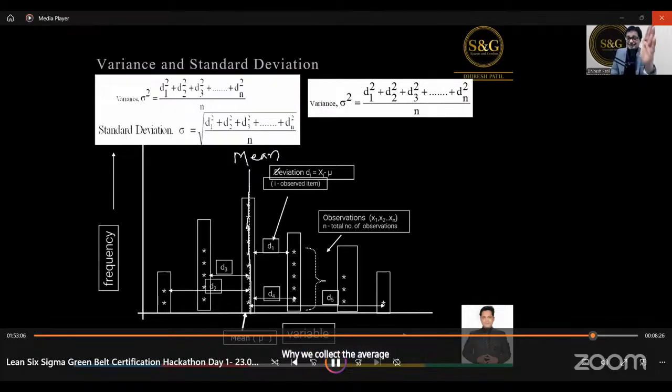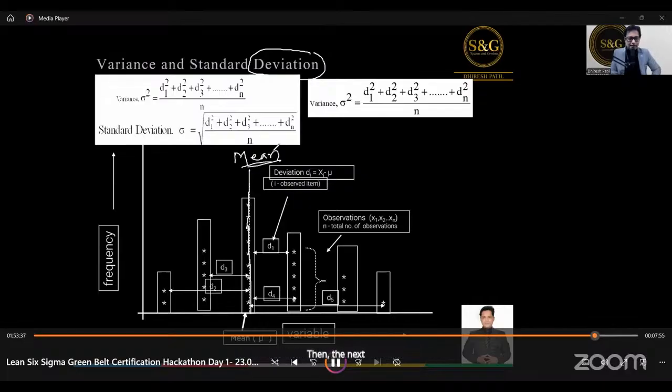This becomes the reference line. From this reference line, we will find the deviation. We are calculating standard deviation, and deviation means the distance from the central value. How much is it deviated? To get that central value, we calculate the mean first.